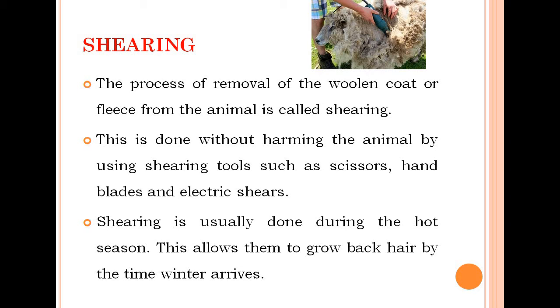So, the shearing is done during the summer season because they are able to grow their hair back by the time winter arrives. So even during the process and during the season, no harm is being made to the sheep.